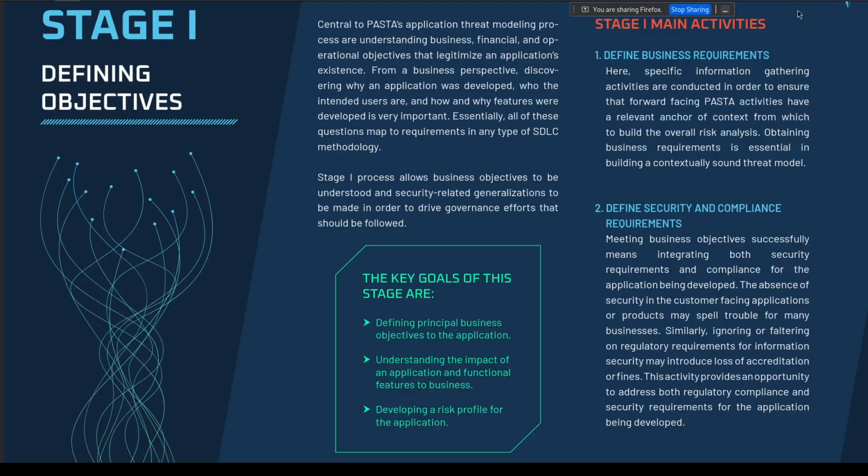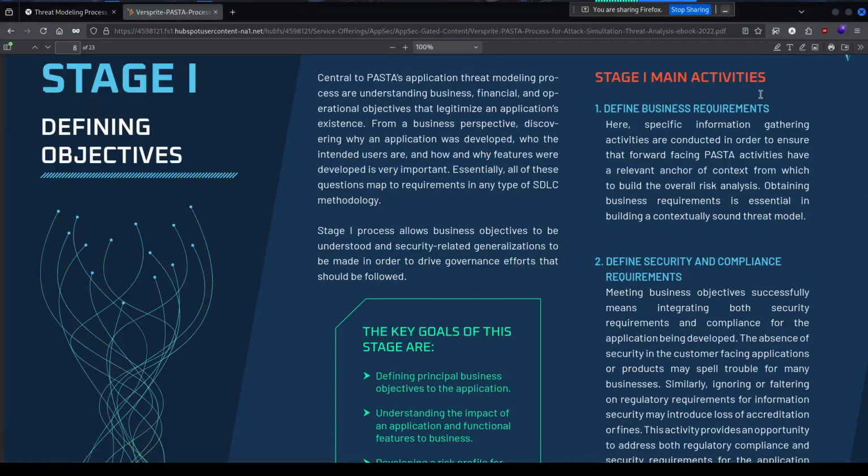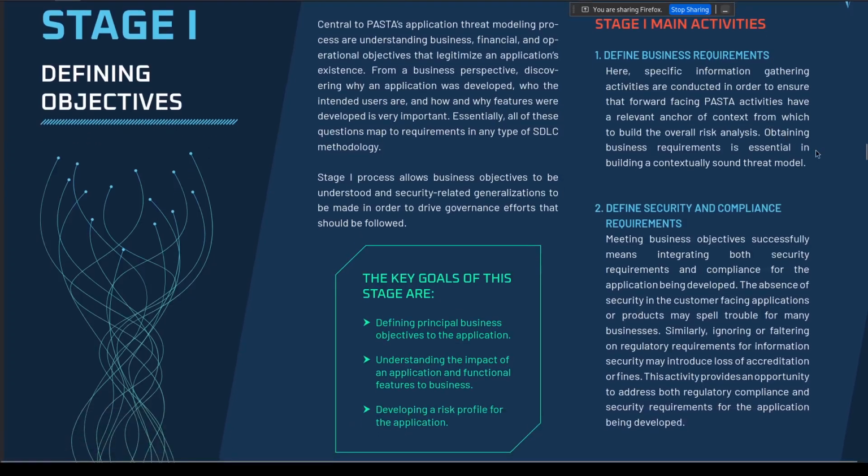In a real-time scenario, a product security engineer or a senior product security engineer would do the threat modeling, and then he will have several other people, like the business owner, who helps us understand the business objectives of the application, and then the product owner, who provides us the summary of the product, like the overall use case of the product, who uses it, etc. And then we will have the developer team who builds the application. It might not be each and every developer, it might be the technical lead.